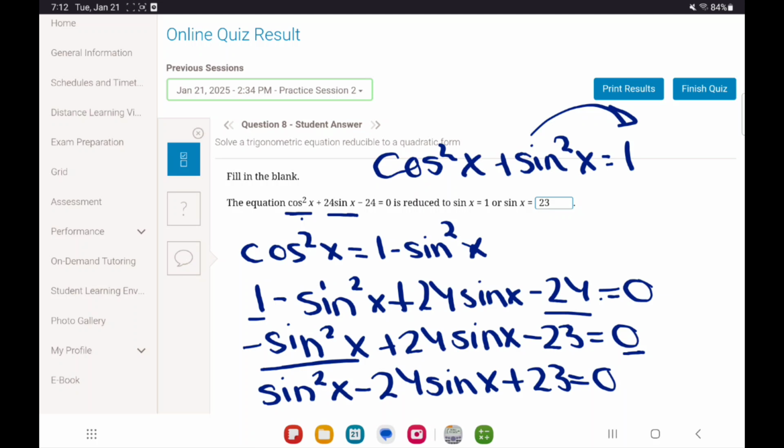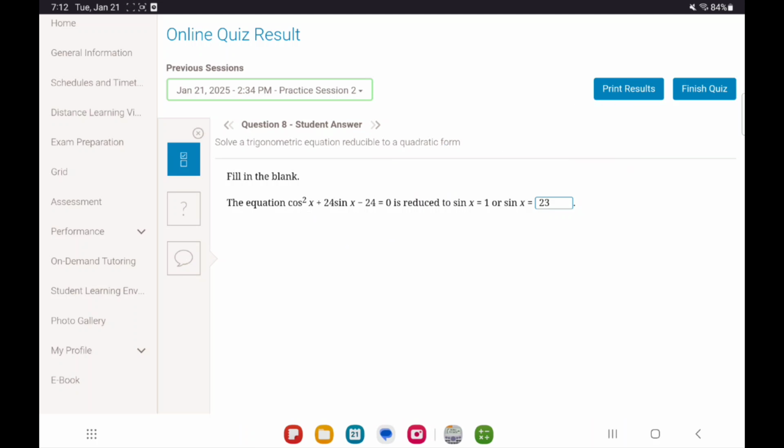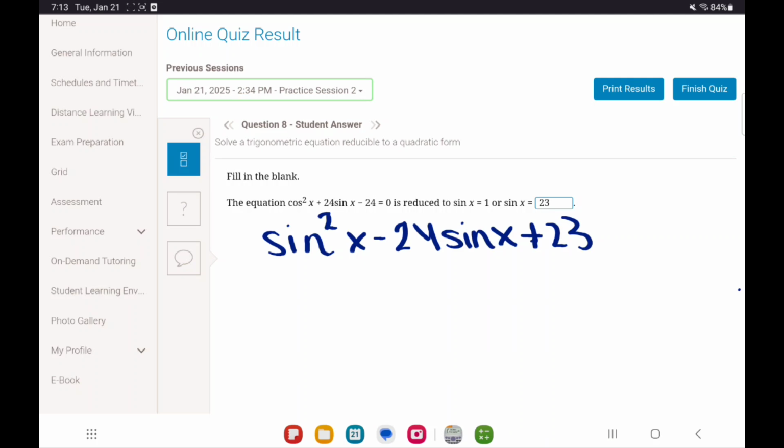Let me clear out the screen so I can write the equation again. So sine squared x minus 24 sine x plus 23 equals 0. Now we know that this is the product and this is the sum. So what two numbers make the product 23, and adding them makes negative 24?